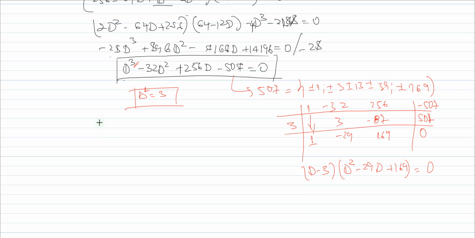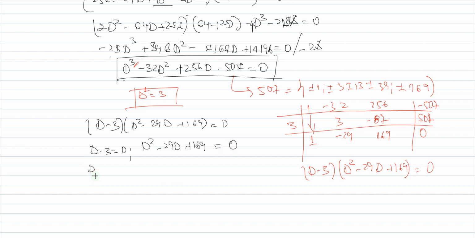So now we're going to have d minus 3, which multiplies d squared minus 29d plus 169, and this is equal to 0. So we have d minus 3 equals 0, and d squared minus 29d plus 169 equals 0.